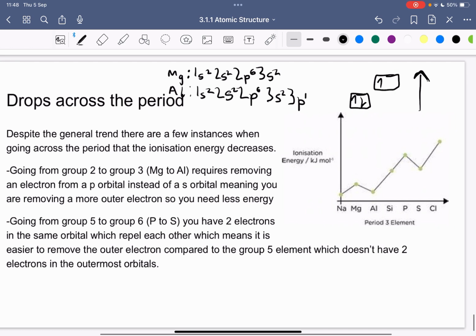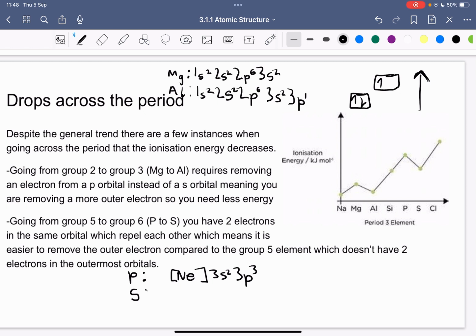So if I write down the electron configuration for phosphorus, I'm just going to write down the shorthand configuration. So it is neon, 3s2, 3p3. So this is phosphorus.